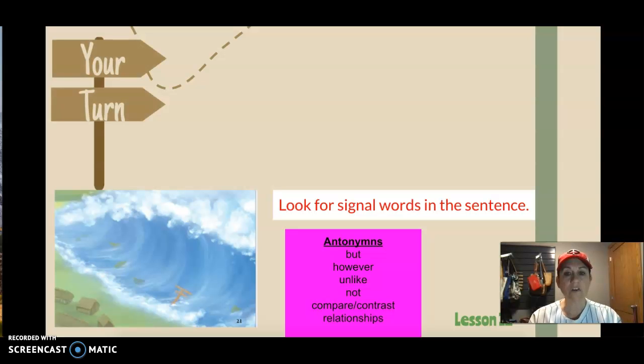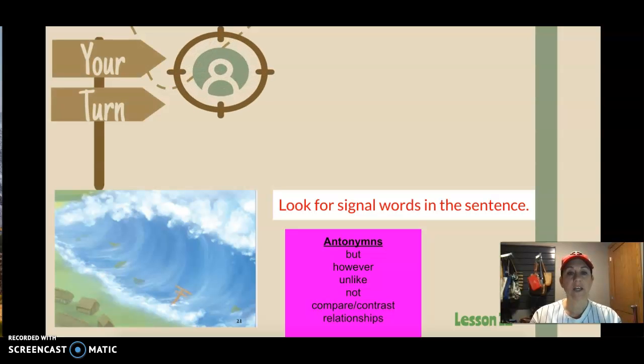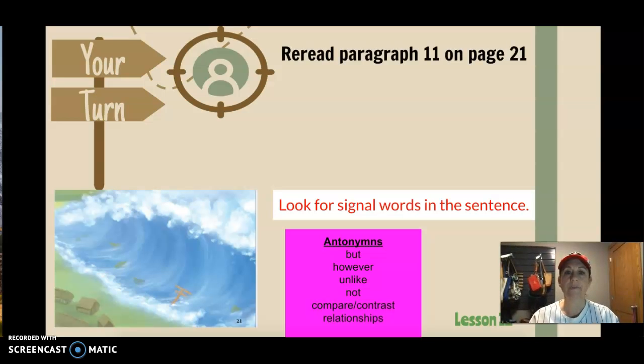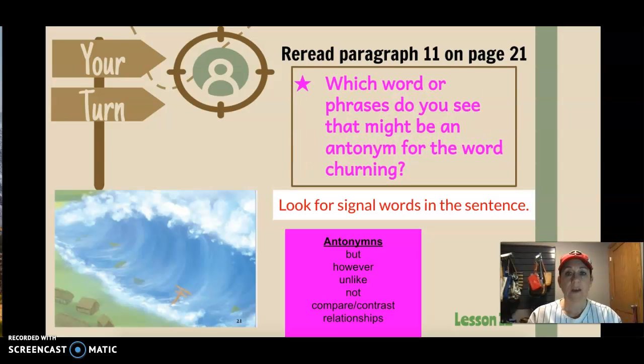Your turn. You're going to look for signal words in the sentence, okay? So I want you to reread paragraph 11 on page 21. Now, which word or phrases do you see that might be an antonym for the word churning? So I want you to reread the paragraph 11, and I want you to find that word churning and circle it, okay?